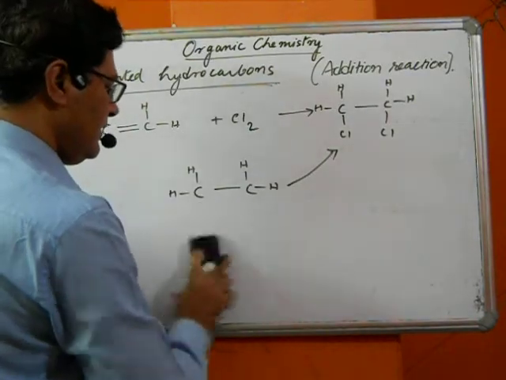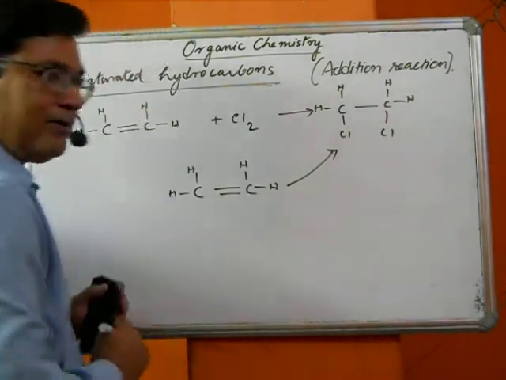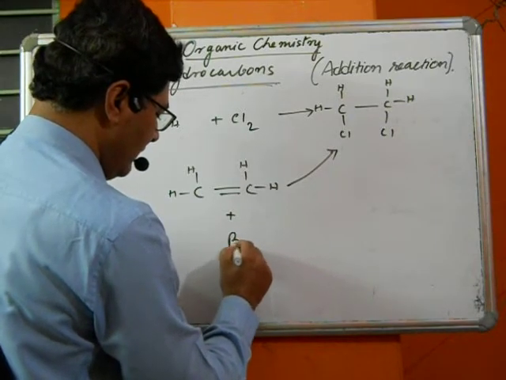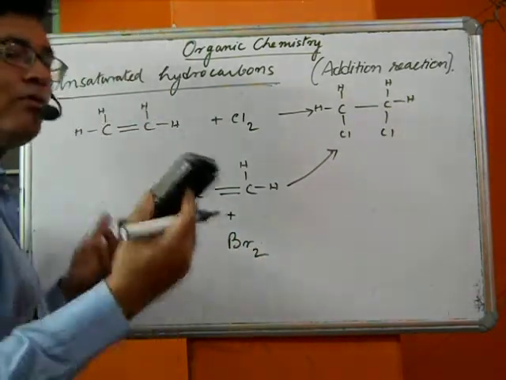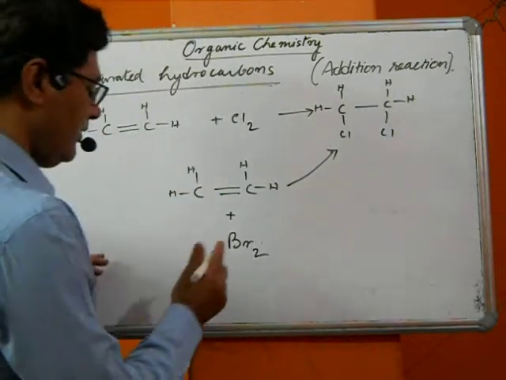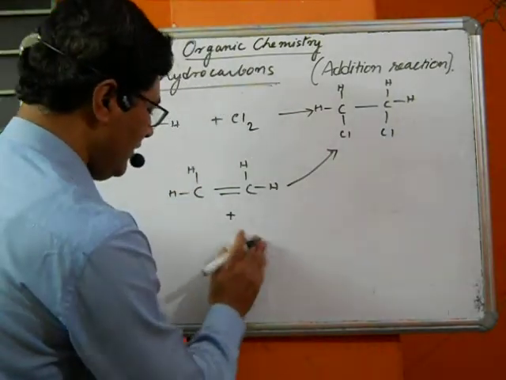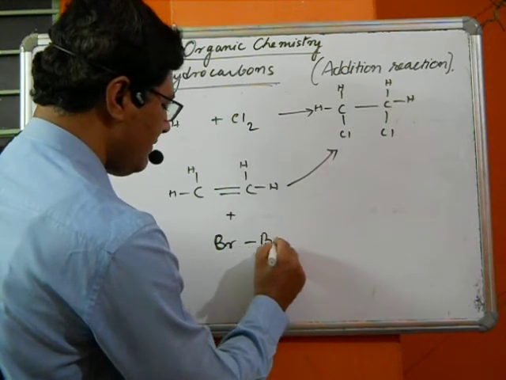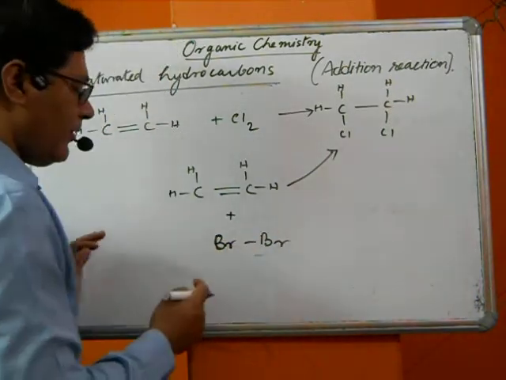Suppose a double bonded compound combining with, say, bromine, Br2. What will happen? So Br2, I can write Br dash Br, means Br with the bond Br.